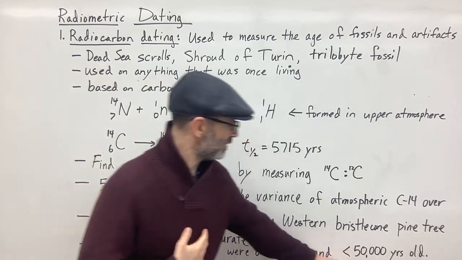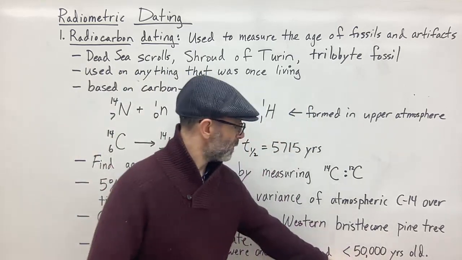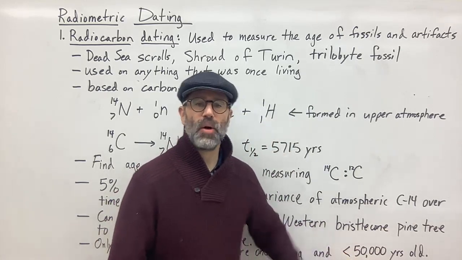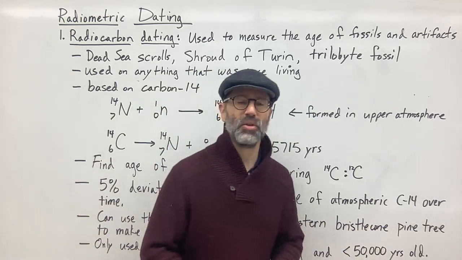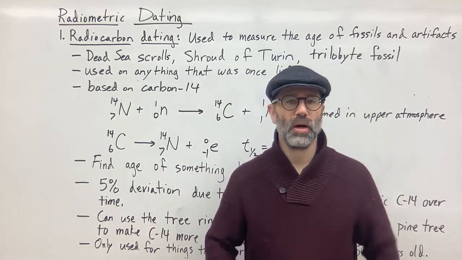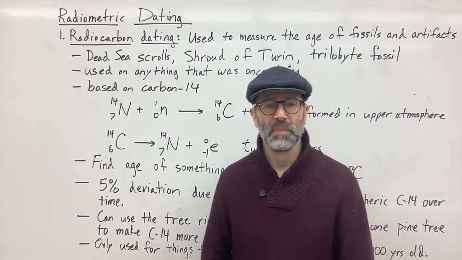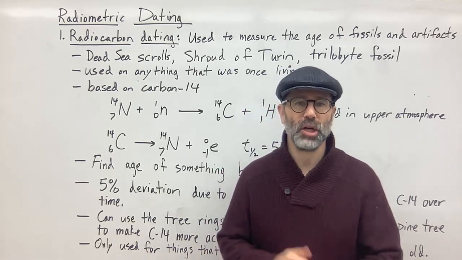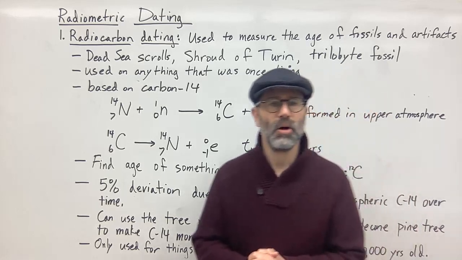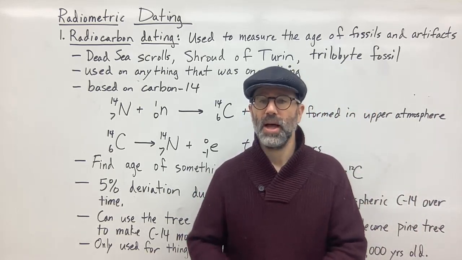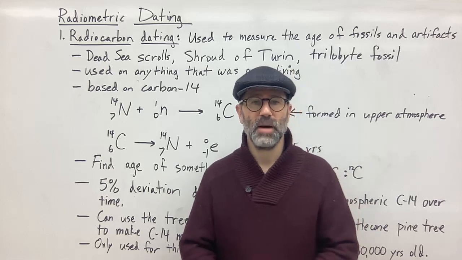And this is only accurate up to objects that are less than 50,000 years old. So anything that's older than 50,000 years old is not going to be useful for radiocarbon dating. So then, what do we use for things like rocks or the earth or things like that? Well, we've got to use other radiometric dating techniques, and I'll get to that in just a moment.